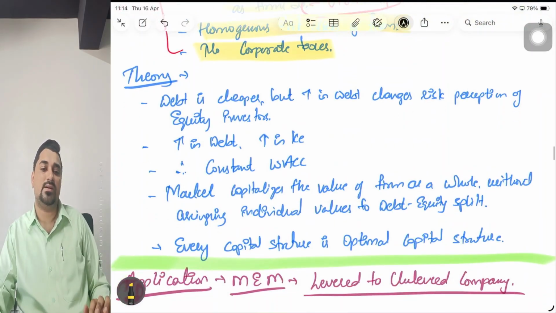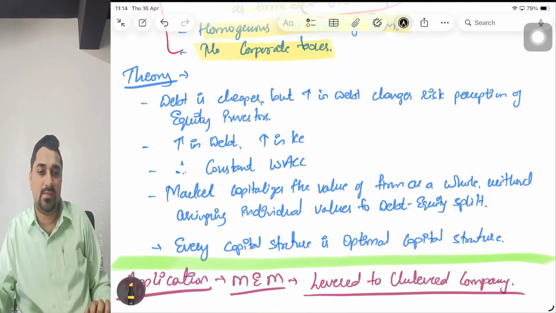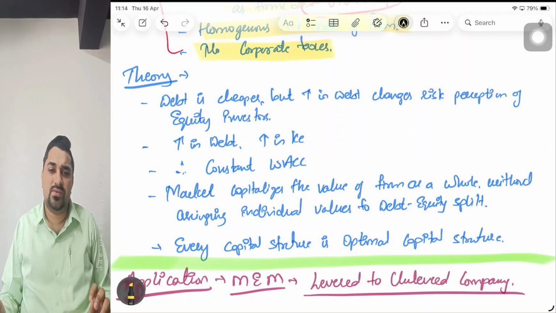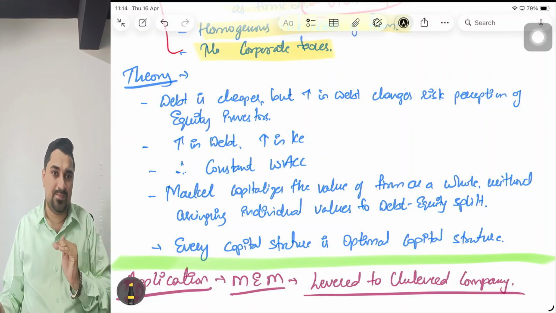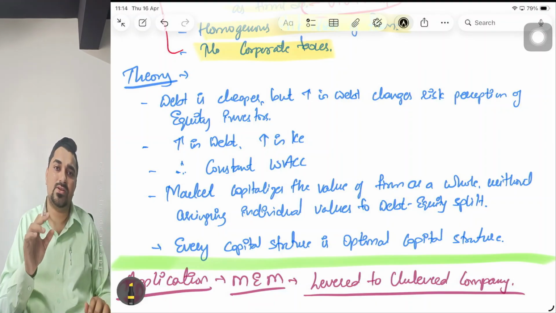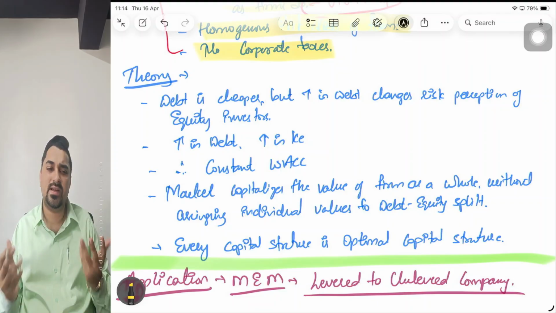So what does the theory say? M&M theory says it is an extended version of NOI. Debt is a cheaper source of finance. Increasing the proportion of debt will change the risk perception of equity shareholders. Basically, debt means risk. So increasing the proportion of debt means risk is increasing. Who ultimately takes risk in any company? The equity shareholders.